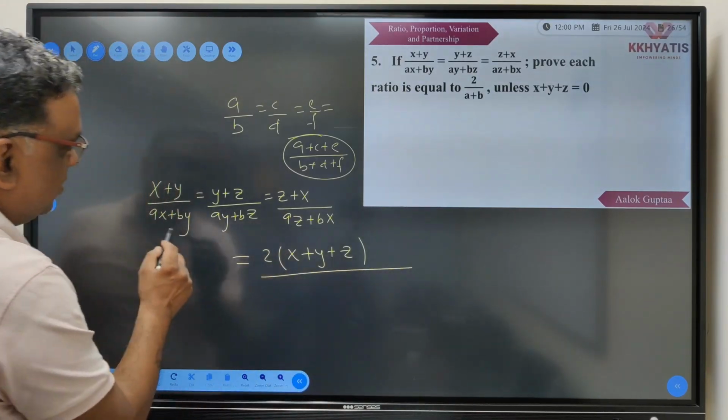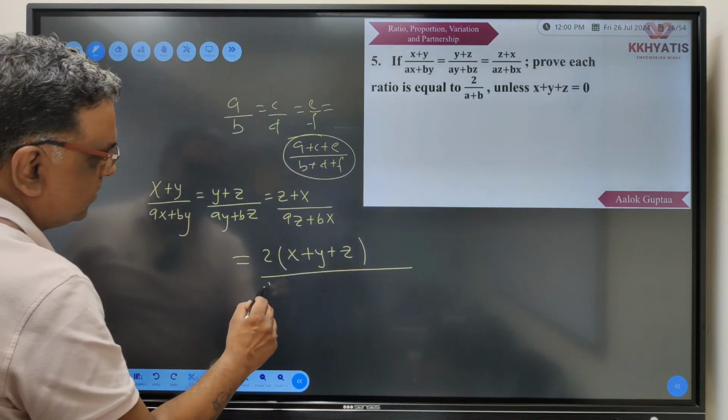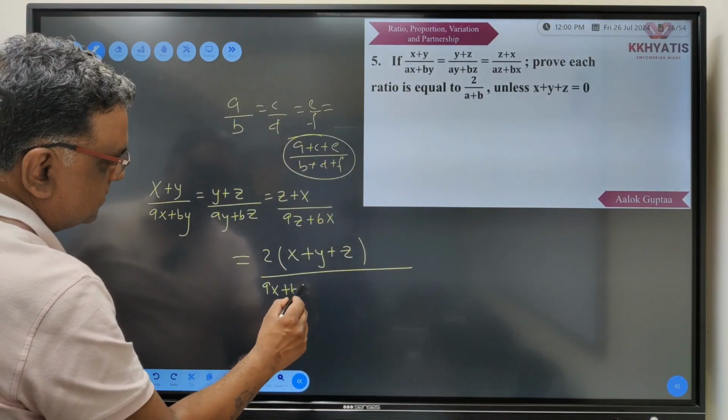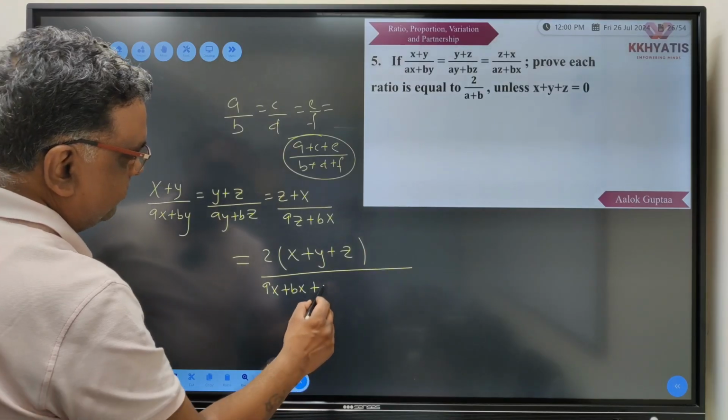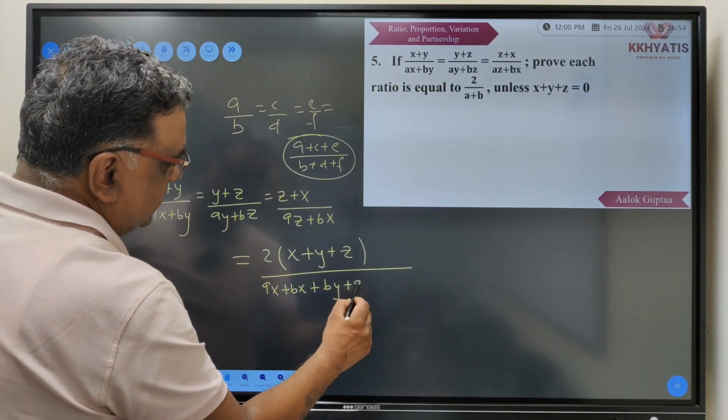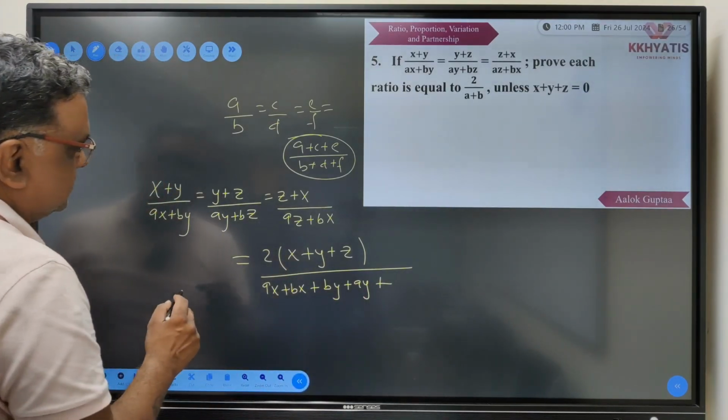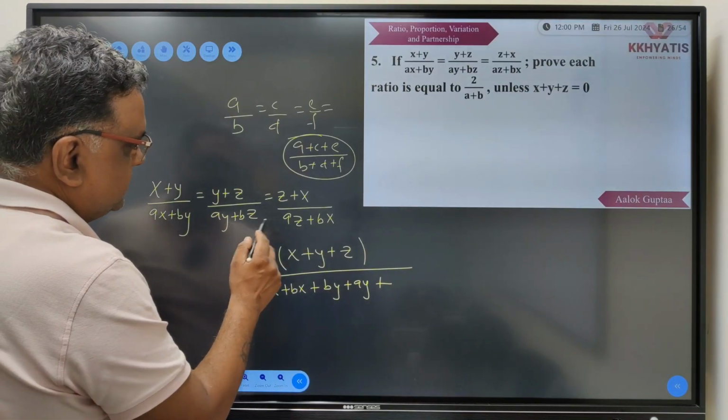And if I add all the denominators, it becomes ax + bx + by + ay + bz + az.